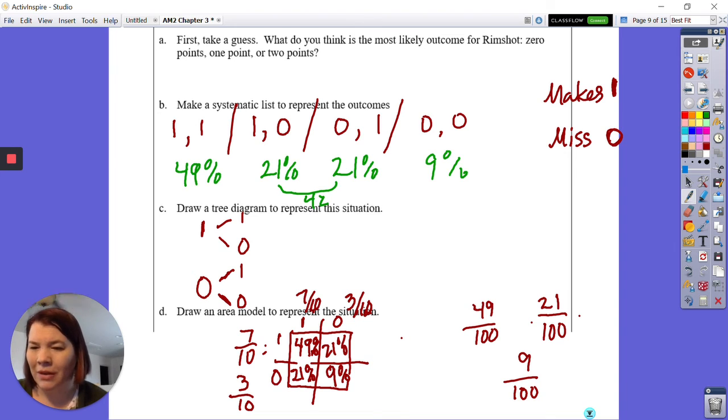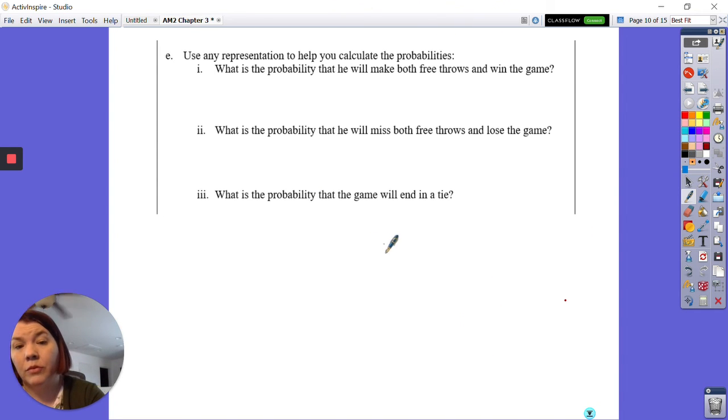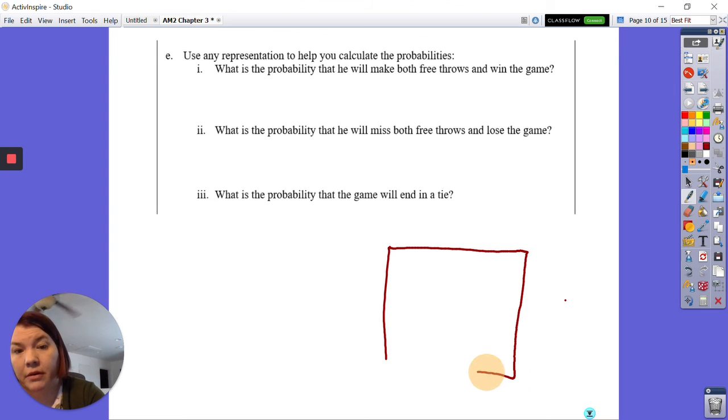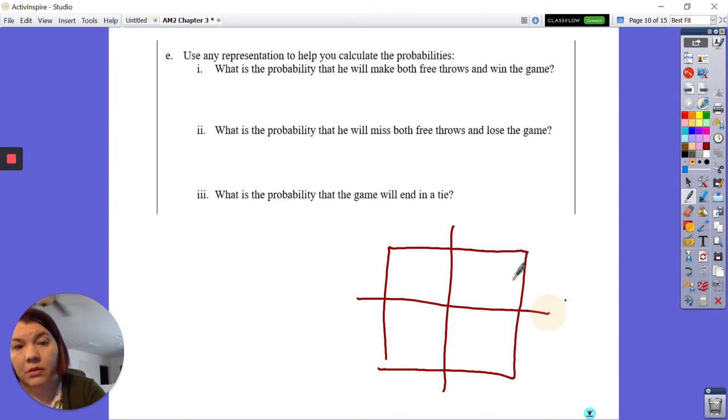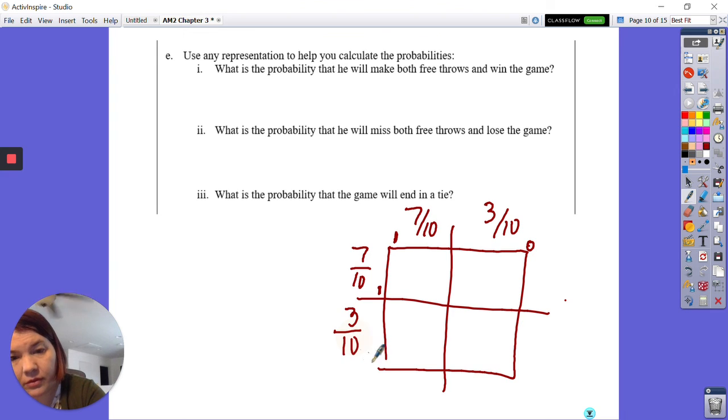That's where the rounding can come in problems. So that's why they're out of 100, which works for percentages. Use any representation you can to help you calculate the probabilities. I'm going to put, for this one, since it's not equally likely, my diagram down here, my area model. So 7/10, and again, this is makes a point, 7/10, misses a point, 3/10.